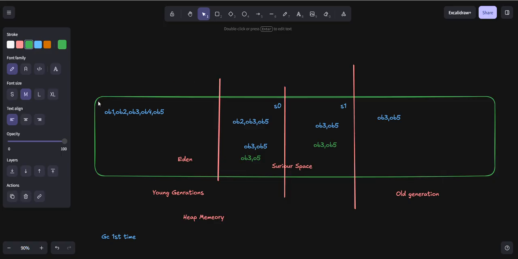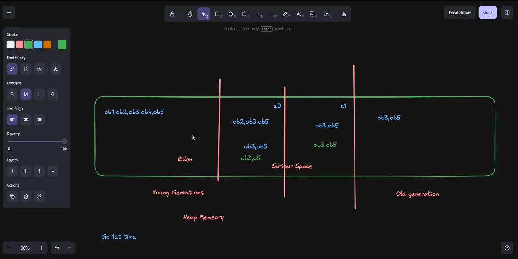Okay, so basically consider this green rectangle is heap memory. Heap memory gets divided into two parts. One is the old generation, which is this one, and this is the young generation. The whole part from this to this is the young generation.